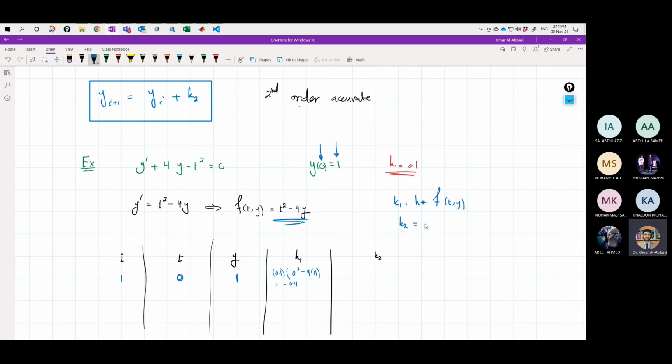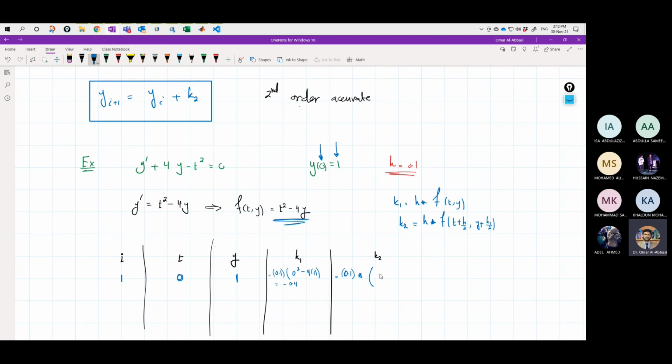What about k2? k2 equals h multiplied by the function evaluated at the midpoint of the interval, t plus h over 2 and y plus k1 over 2. Okay, so let's see how we can do that. So over here, it is 0.1 multiplied by the function. What is the function? Rather than t squared, it is t plus h over 2.